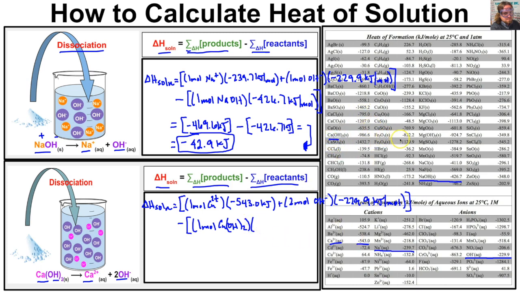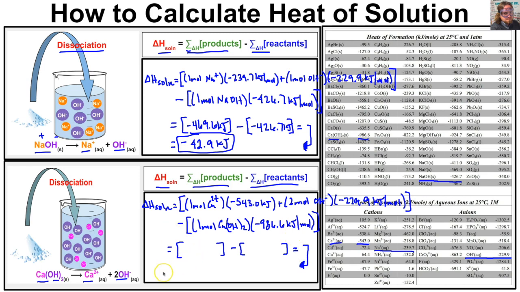If we take a look here, it's going to be negative 986.6 kilojoules per mole. And so let's figure out what's in our first bracket. We'll subtract our second bracket, and that is going to give us our heat of solution here.